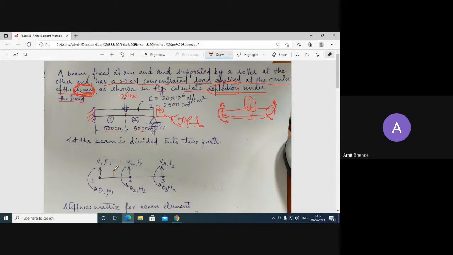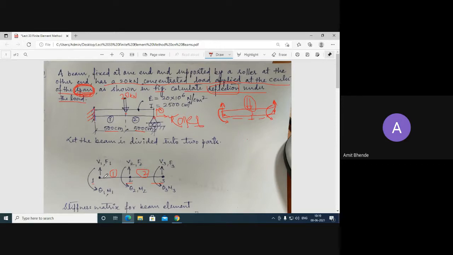This is element number 1, this is element number 2. And there are three nodes. This is node number 1, this is node number 2, and this is node number 3. So three nodes and two elements. So this is the discretization part.